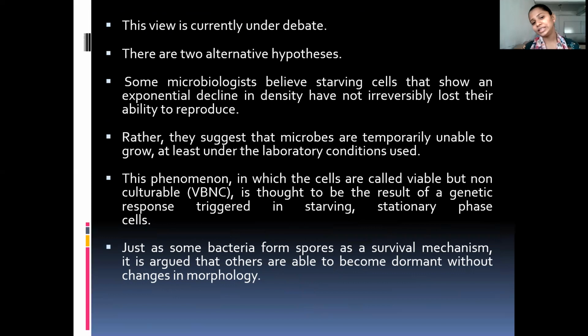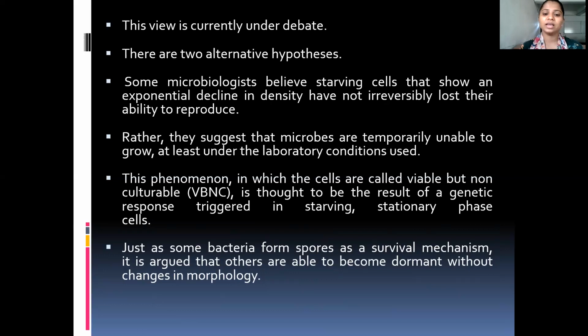There are two alternative hypotheses. Some microbiologists believe starving cells that show an exponential decline in density have not irreversibly lost their ability to reproduce. Rather, they suggest that microbes are temporarily unable to grow, at least under the laboratory conditions used.